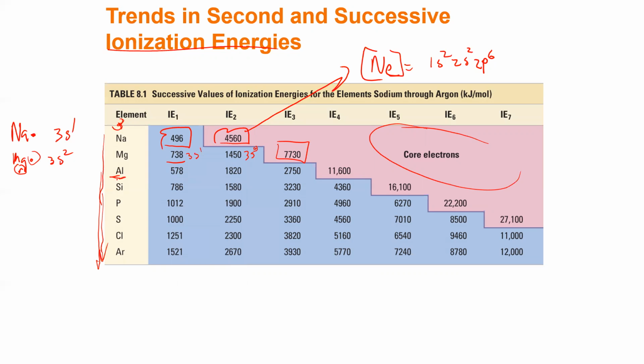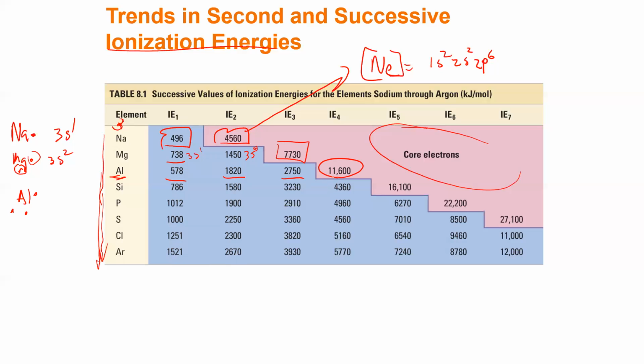So aluminum, it's group 3A. It has 3 valence electrons. The first one requires energy, the second one requires more energy, the third requires more, but where do I see a huge jump? The fourth. Why?